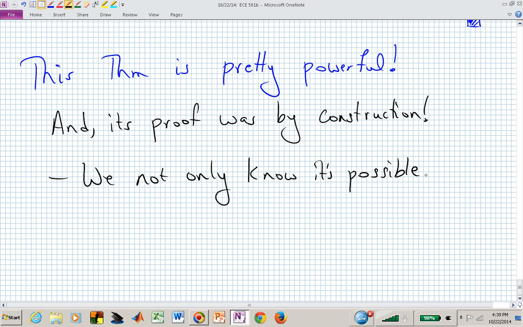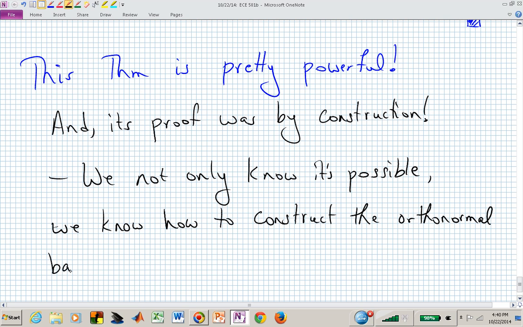Meaning we not only know that it's possible to build up this orthonormal list, but we know how to construct the orthonormal basis.